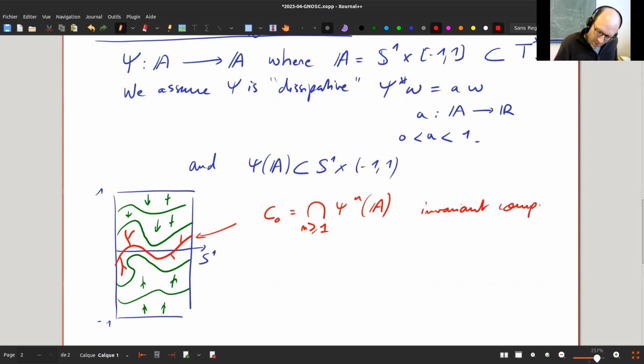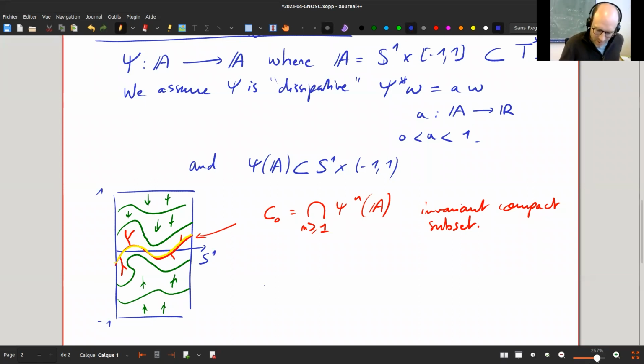It's somehow the biggest invariant compact subset, and to study dynamics, you would be interested in finding smaller invariant compact subsets. And what Birkhoff did is to somehow cut hair. So if you cut all the hair, then you get something which I drew in yellow in the picture. Okay. And this will be the Birkhoff attractor.